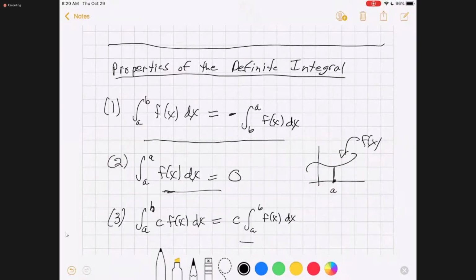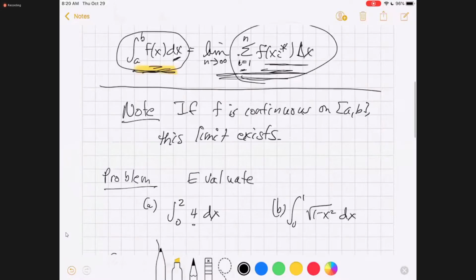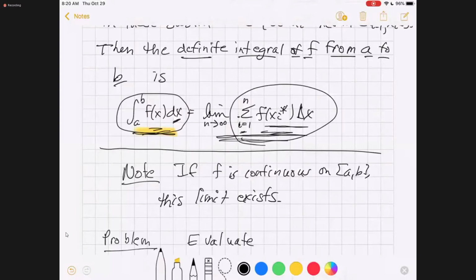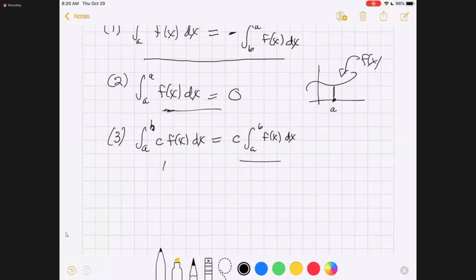But why should this be true? Well, go back to your definition. It's a limit of Riemann sums. So let's just write that. This would be the limit as n approaches infinity of the sum as i goes from 1 to n of c times f of x sub i star delta x, because the function is c times f.